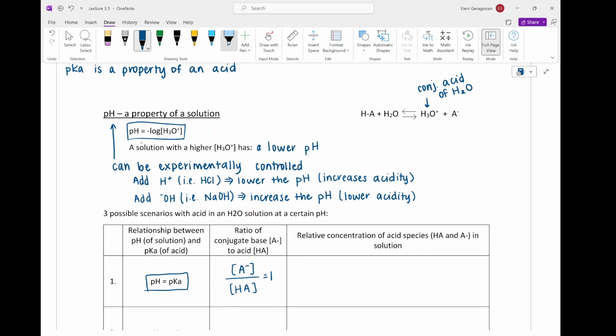So in this scenario, if pH is equal to pKa, that acid added, HA, exists equally in protonated, which we're talking about HA, or another word is associated.